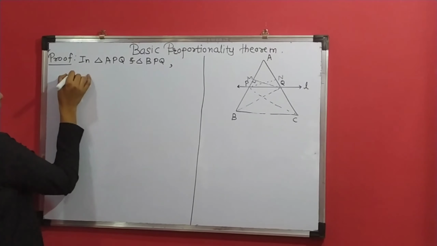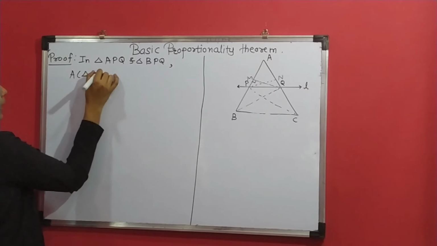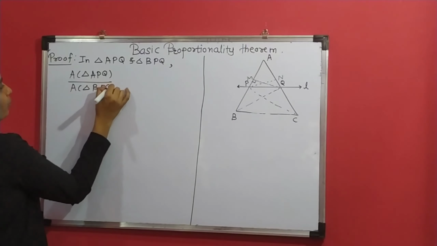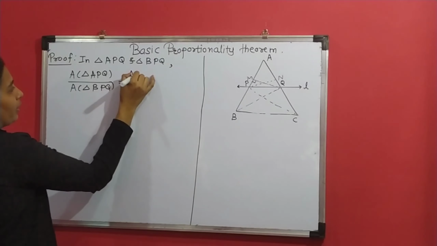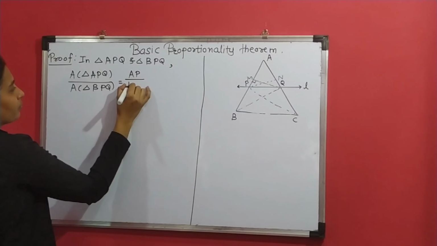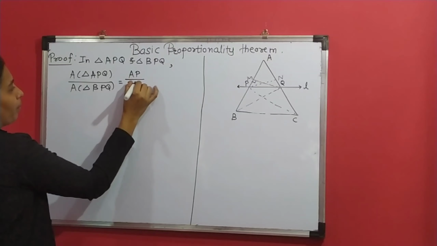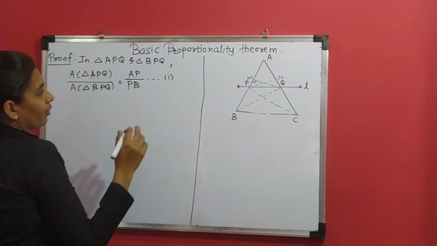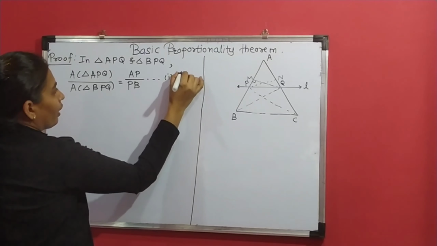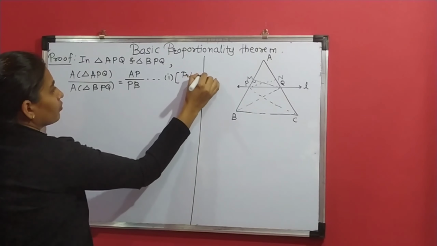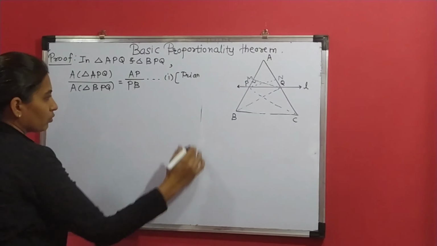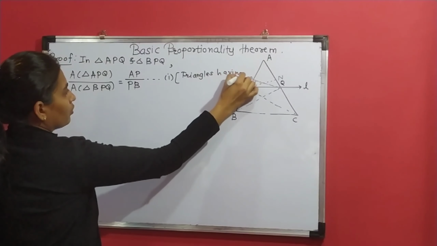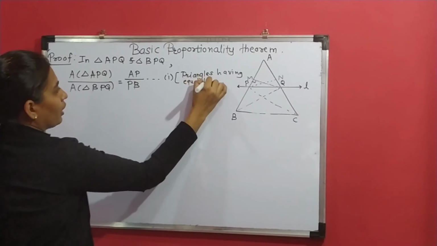So I can write area of triangle APQ upon area of triangle BPQ equals AP upon PB. Give it as number 1 and write the reason: triangles having equal heights.